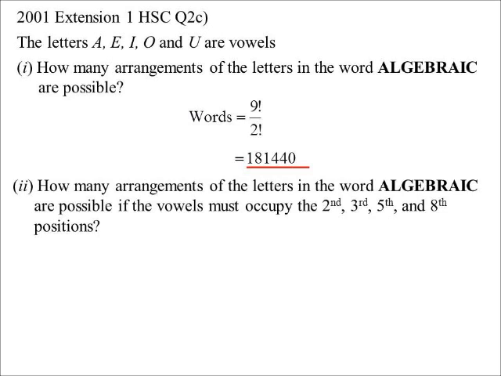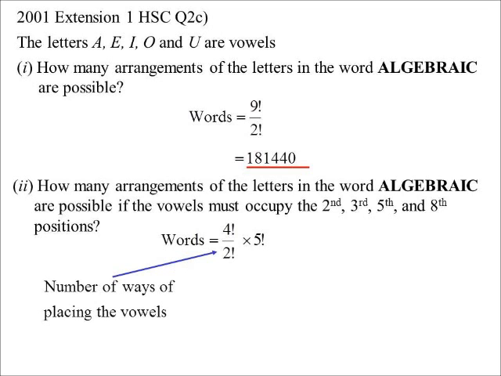So basically, we're going to say, how many ways can we arrange all of the vowels? There are 4 of them, therefore we can arrange them 4 factorial, but some of those vowels are the same, so we will divide it by 2 factorial. Okay, so that's our vowels now placed.